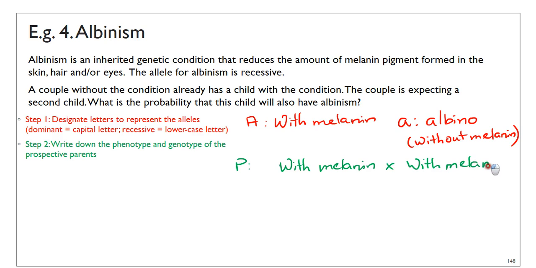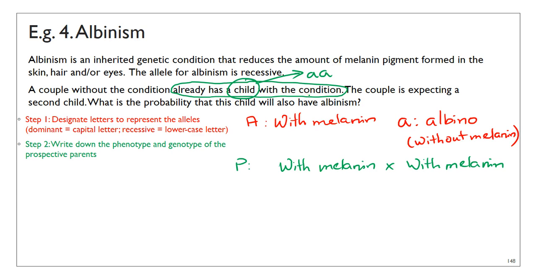But the fact that they already have a child who is albino means that they must be carriers for the albino allele, because the child is albino, which means that the child's genotype must be lowercase a lowercase a.